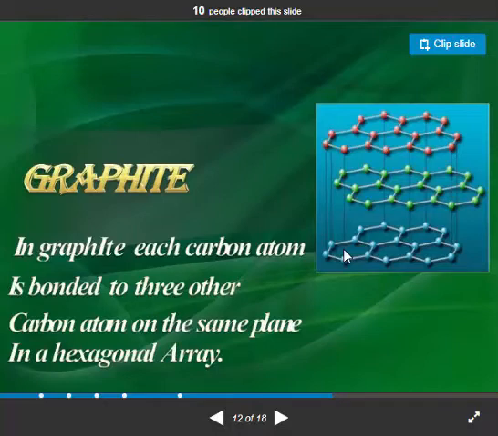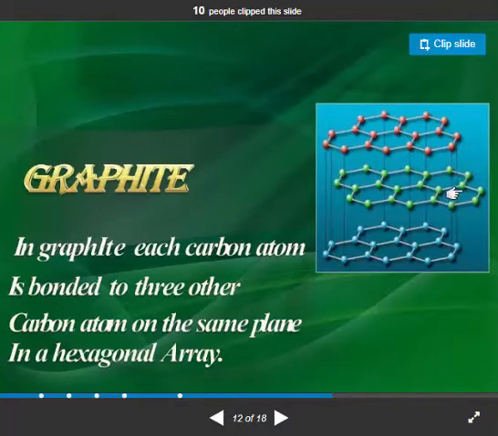The covalent bonds in each plane are very strong, but at the same time weaker forces hold the planes together. So between the atoms on the same plane, they're strong, but between the different planes the forces are weak. This is why graphite slips on the paper and you can write with it.